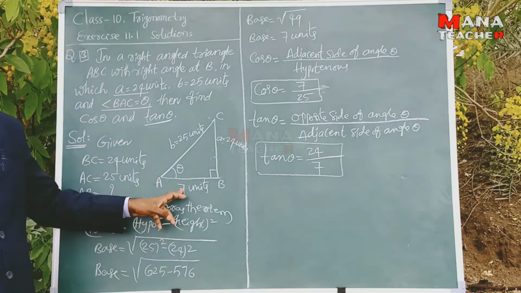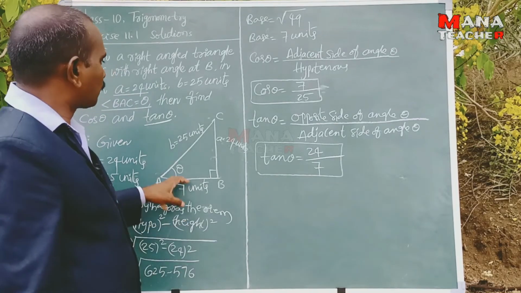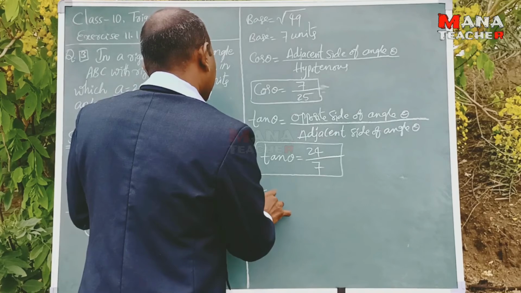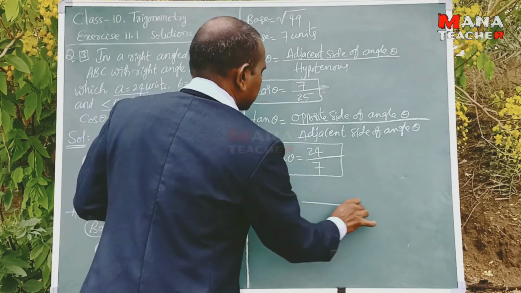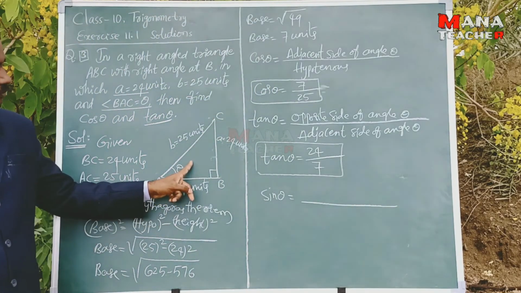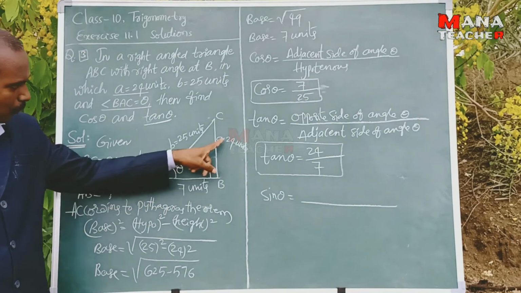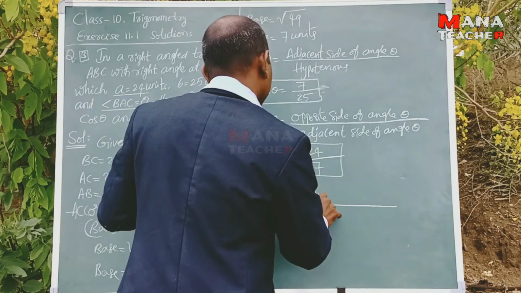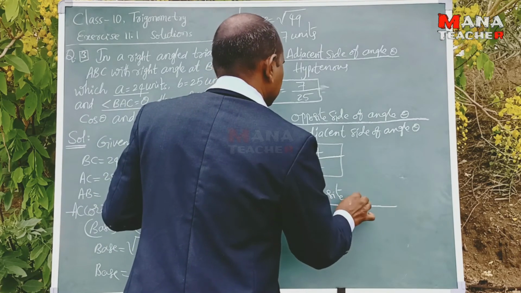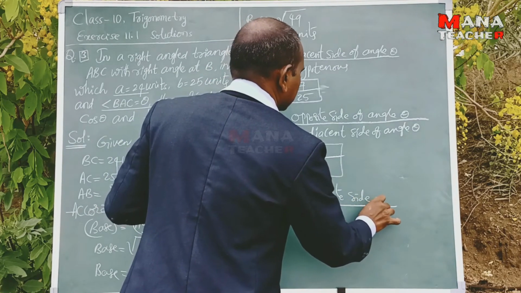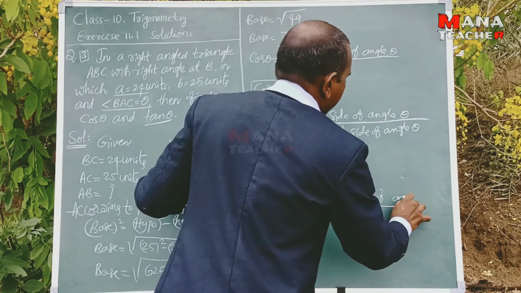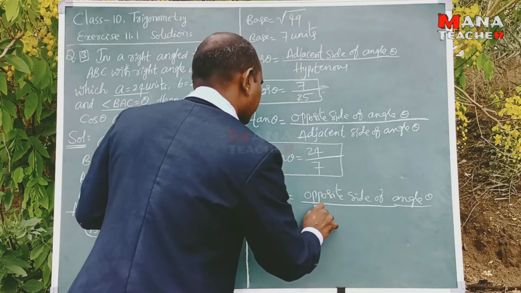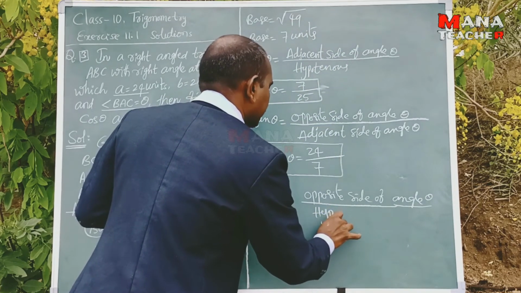Can you write sin theta also from this figure? Sin theta equals, see, sin means opposite by hypotenuse, right? Opposite side of angle theta by hypotenuse.